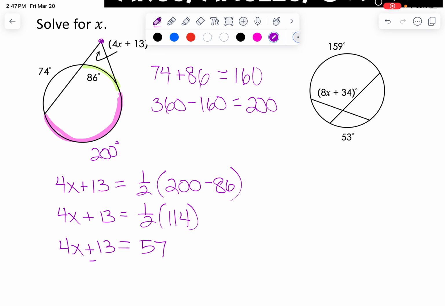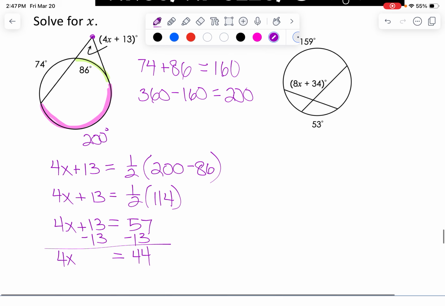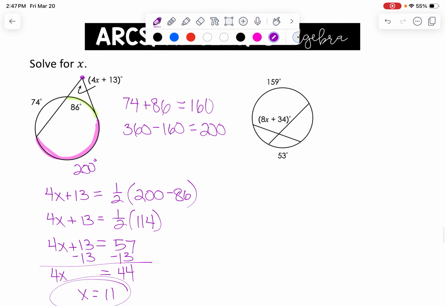Okay, so subtract 13. If I divide by 4 on both sides, I get 11. It says to solve for x, so that's my answer. So a little bit of work there, but very doable if you just set it up and think about where that intersecting point is.